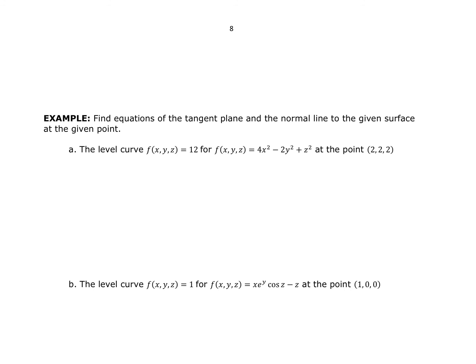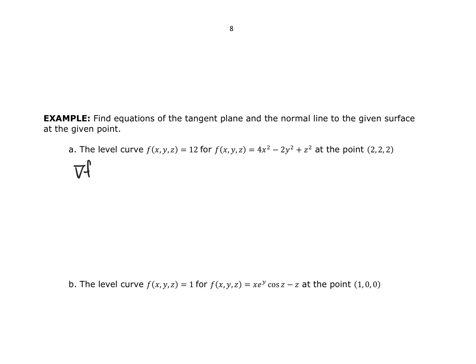So at the level curve, f of x, y, z is equal to 12, for the function 4x squared minus 2y squared plus z squared at this point, the first thing I'm going to want to do is find my gradient.